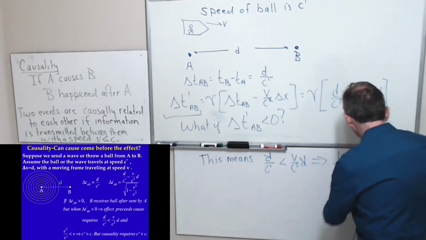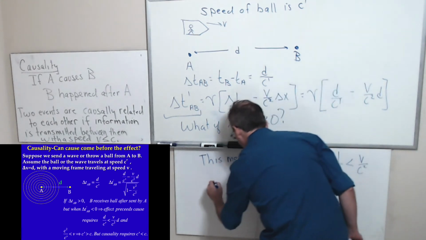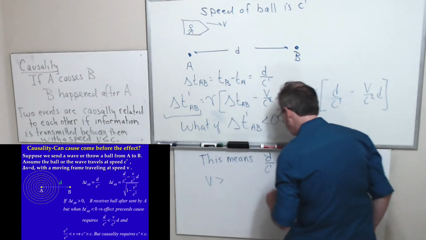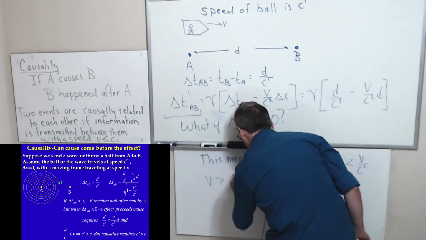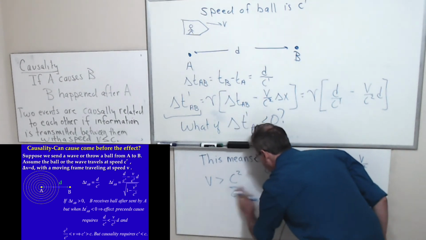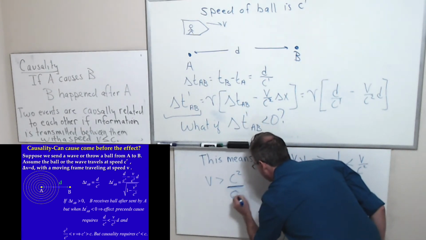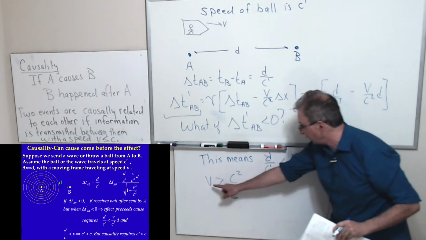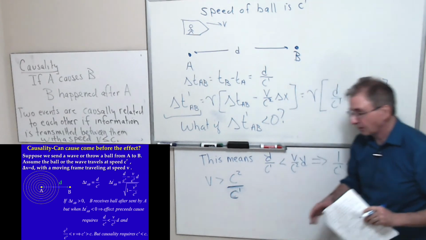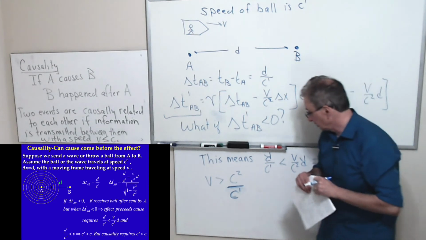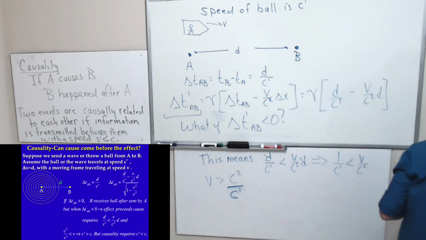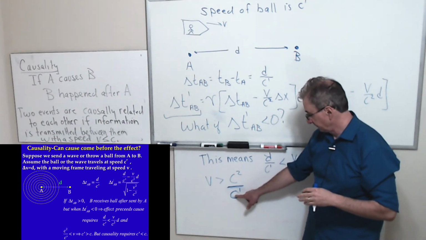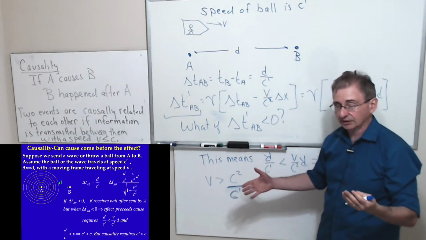And then bringing the c squared up here, I get v is greater than c squared over c prime. Now, if the denominator were equal to the speed of light, then v would be equal to c.